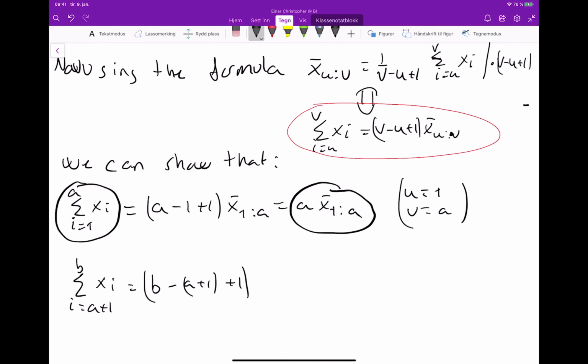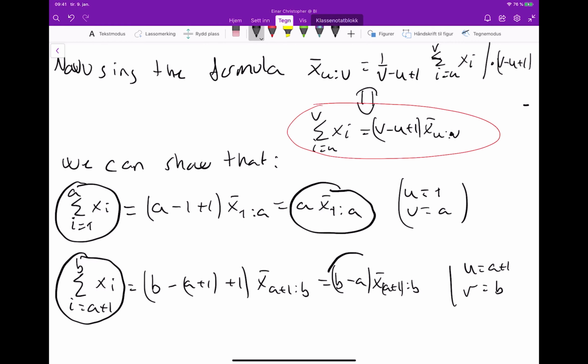Watch out for the parentheses here. x bar a plus 1 colon b, which is equal, we can see that the 1's cancel out, and we end with b minus a times x bar a plus 1 colon b, like this. And here, of course, u is equal to a plus 1 and v is equal to b. So this one is actually the same as this one.